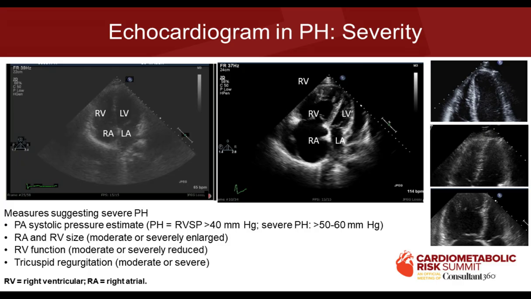What you're going to look for on the report is either a qualitative or quantitative measure of right ventricular systolic function. Is it moderately or severely reduced? And size. Is it moderately or severely enlarged? In which case, even if the pulmonary pressure is just mildly high, that RV dysfunction pushes you into the category of more concerning pulmonary hypertension that needs more of a workup.